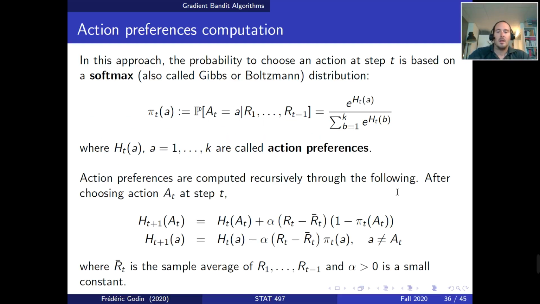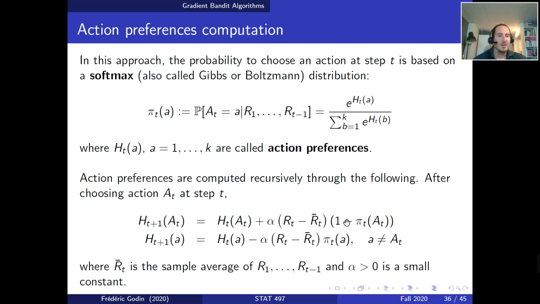Okay, so let's say that you select action A_t at time t. Then the next preference is your current preference, plus, let's assume for now that your reward is higher than the expected average, then this quantity will be positive. Your current reward is higher than the average historical reward.